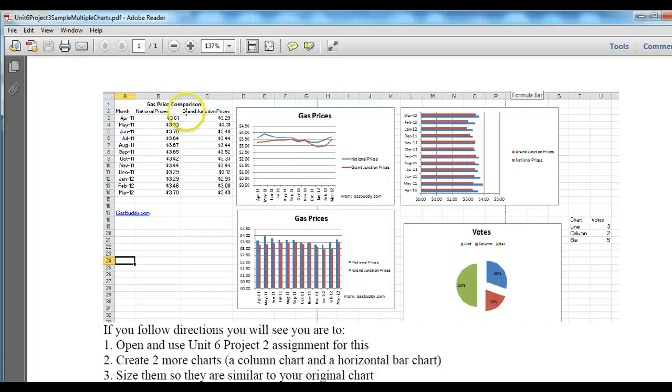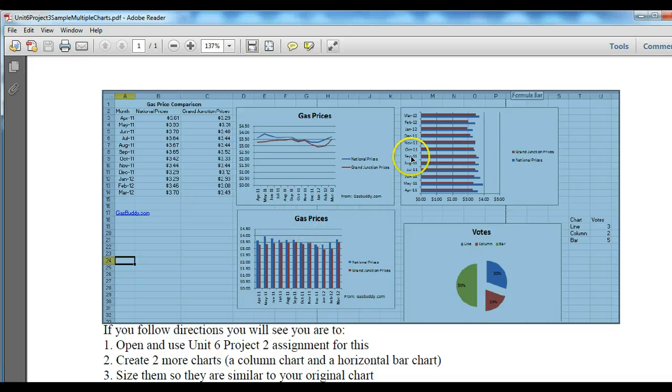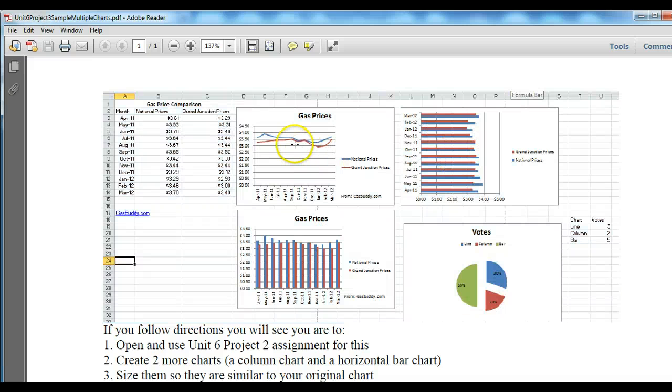Remember when you first did it, you had data like this, and you had this line chart. Now you're going to take this data and make a horizontal bar chart and a vertical bar chart. So the vertical bar chart, the horizontal bar chart, and this is the original one right here.